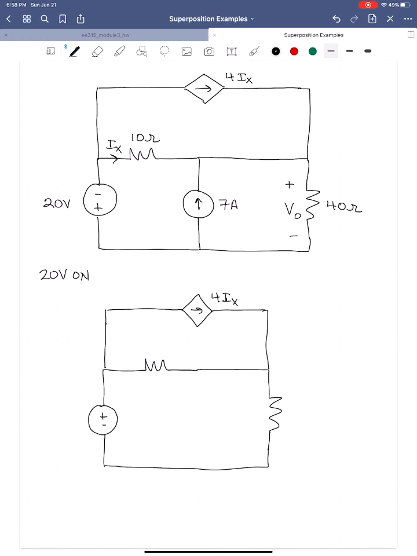Here's 20 volts. Oops, I turned this around. I'm sorry, this should be the opposite way, minus and plus down there.